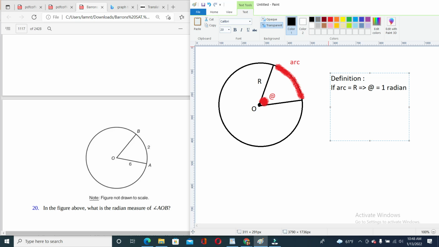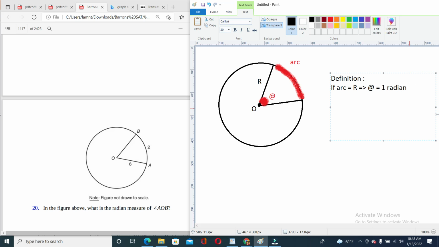So if the angle is corresponding with an arc which has the length of a radius R, then that angle is defined to have the measure of 1 radian. Okay, let's have some examination first.